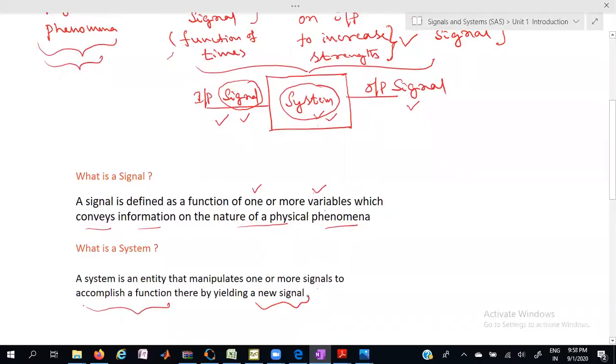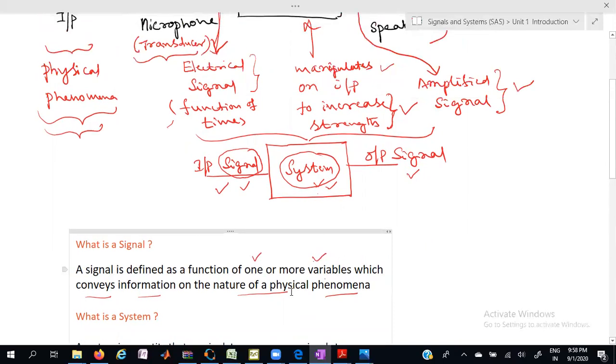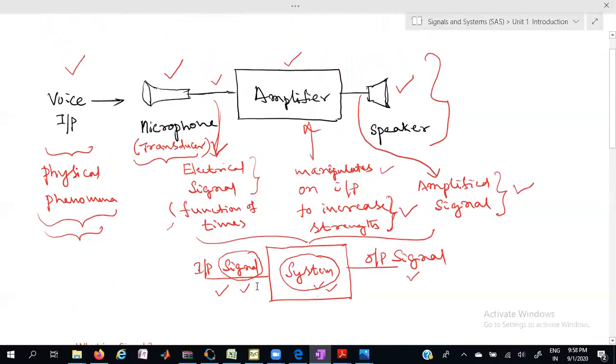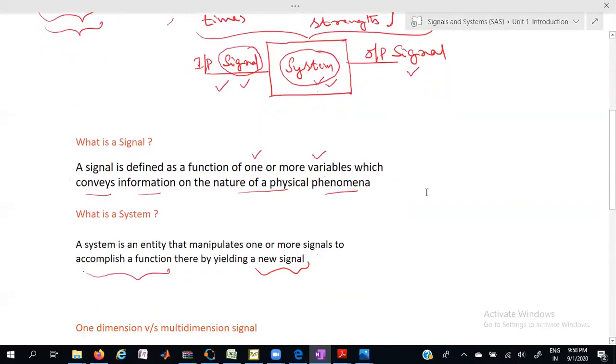So what you get on the output of this system is an amplified signal. The formal definition of a system is an entity that manipulates one or more signals to accomplish a function, thereby yielding a new signal.